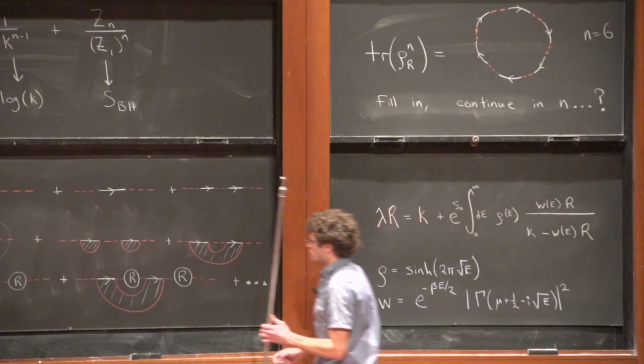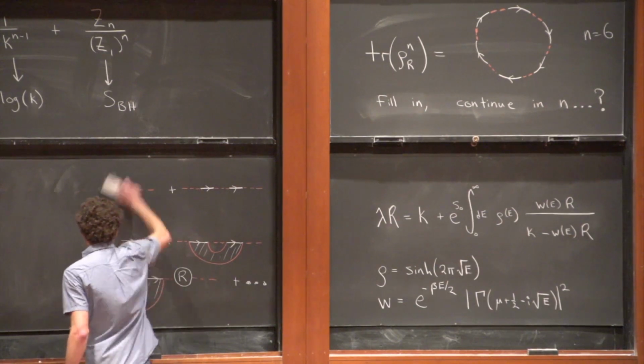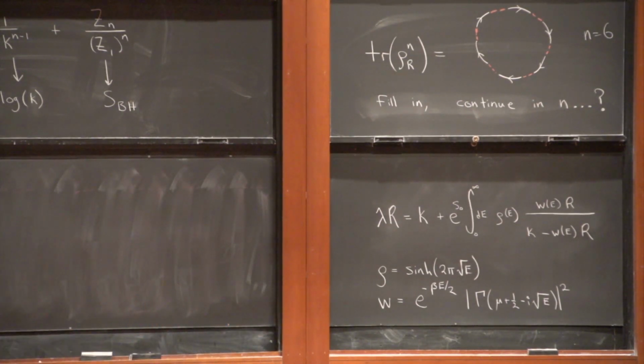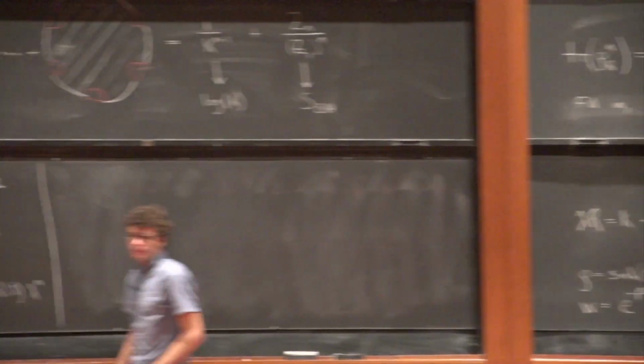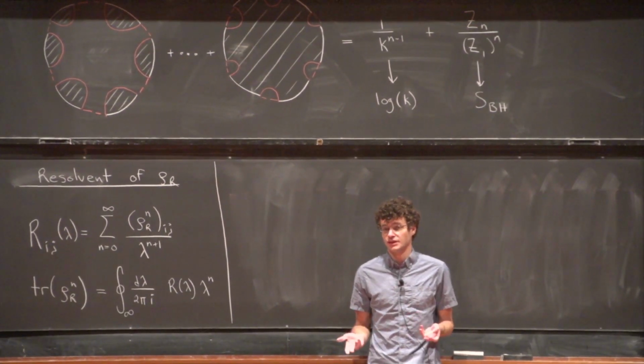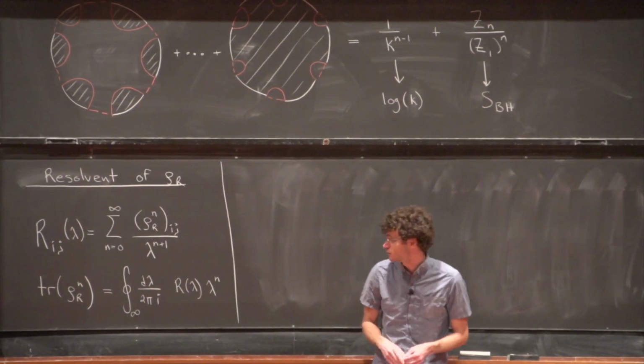Okay, so what do we do with that once we have R as a function of lambda? Well, we could plug that into this formula here and compute trace of rho to the n. But our goal in this whole discussion has been to compute the von Neumann entropy. So we need to continue in n, near n equals 1.